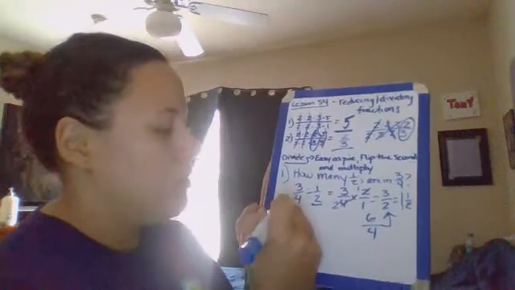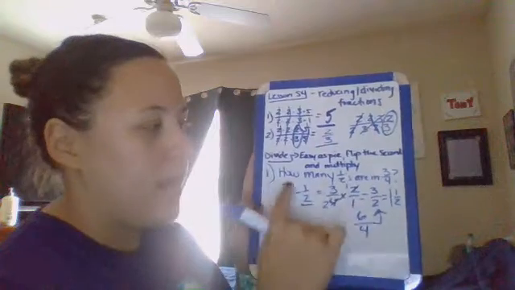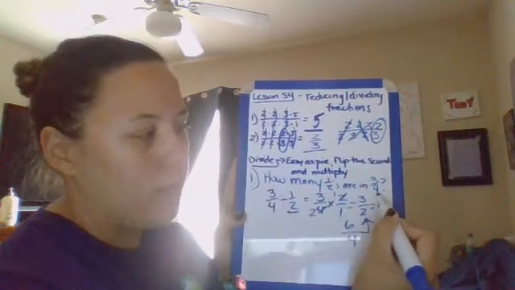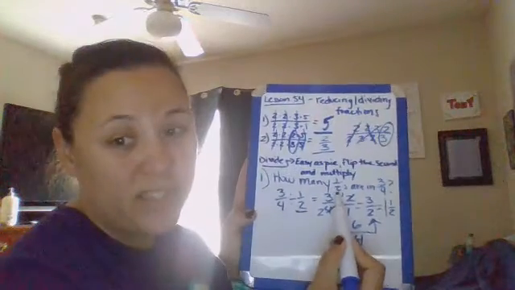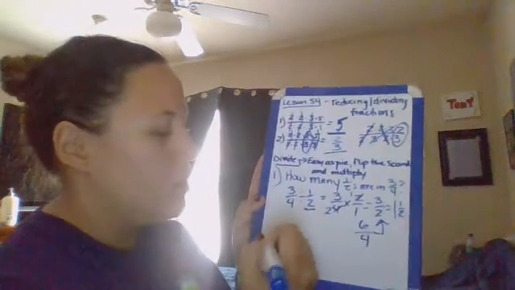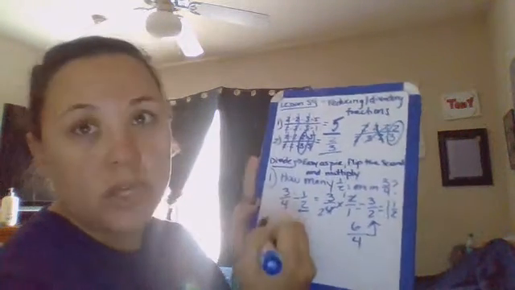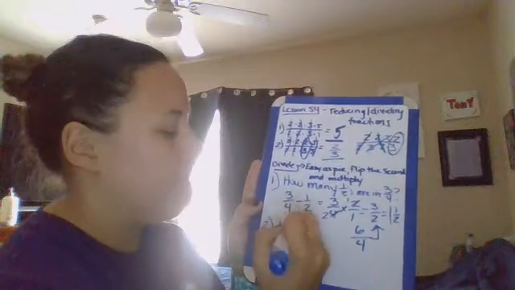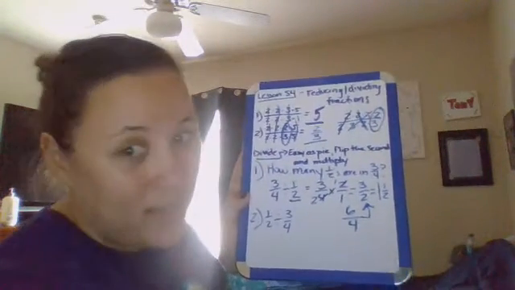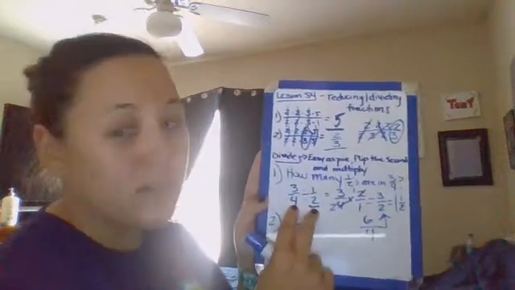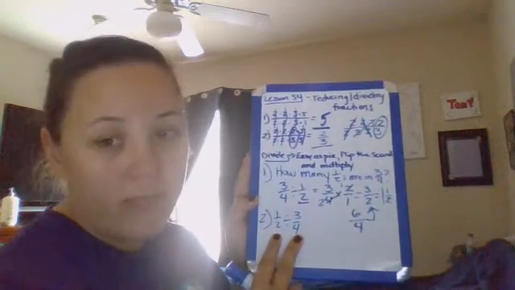So if it asked how many of that, we would have our fraction first, and then however many it's asking for is divided by it. Our next example: 1/2 divided by 3/4. It's not the same equation, because the first was 3/4 divided by 1/2, and this is 1/2 divided by 3/4.